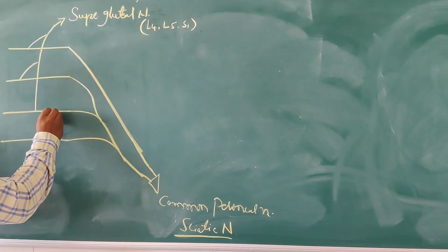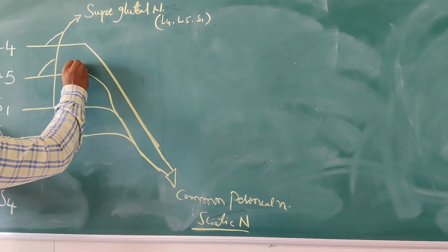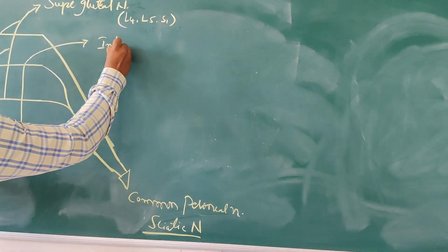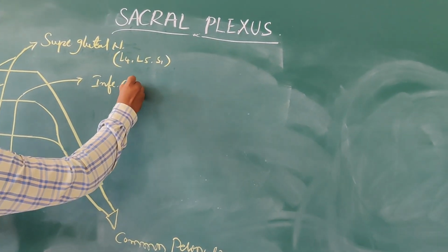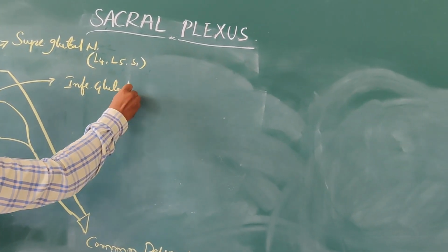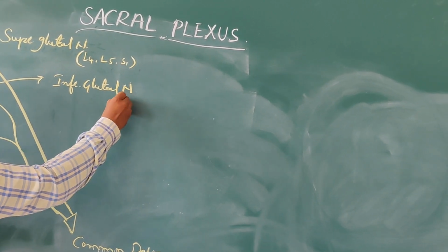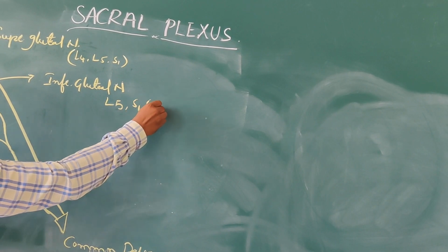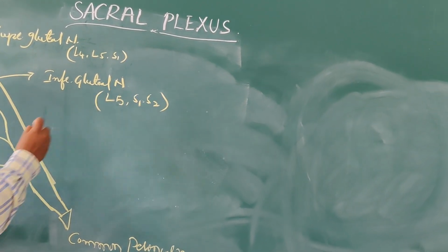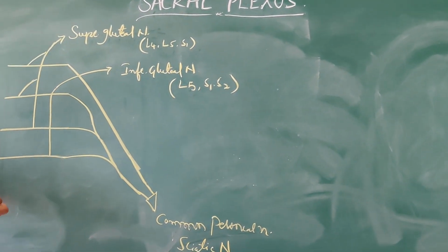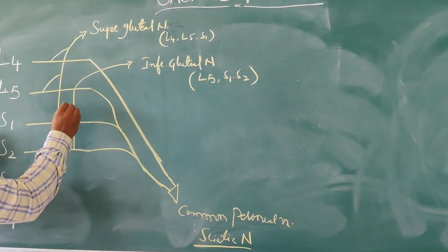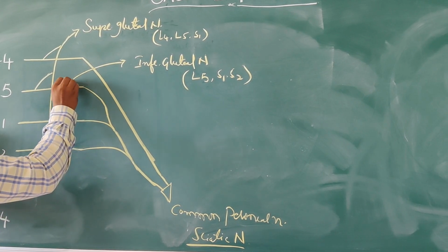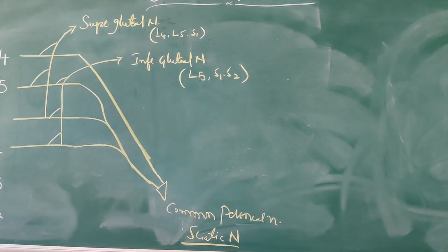The L5, S1 and S2 give rise to the inferior gluteal nerve. Root value is L5, S1 and S2.